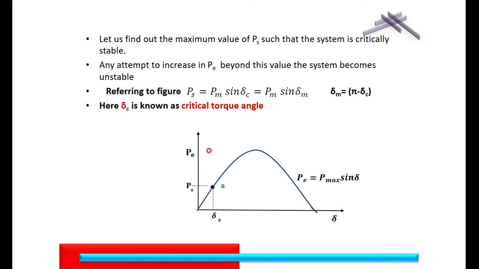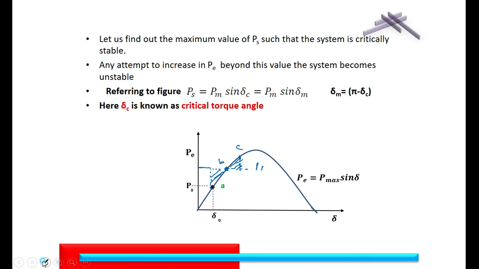If I increase the output of the machine to this value, the operating point shifts here, therefore this is your decelerating area. Then it reaches the maximum swing here, point C; from point B, here it is the accelerating area. Once again the system is stable.